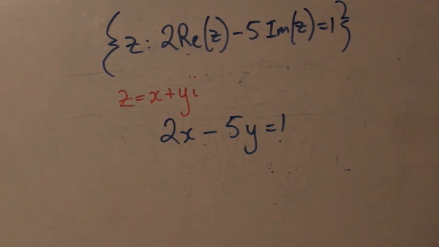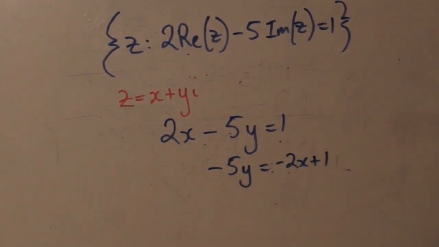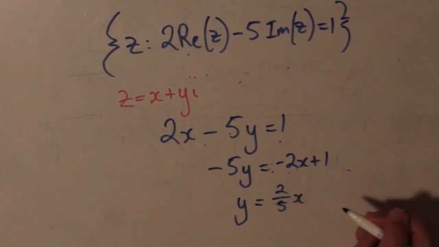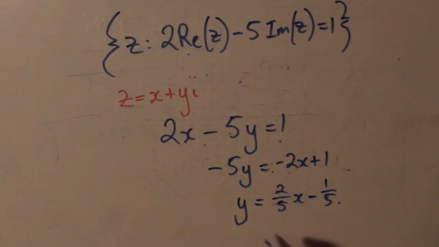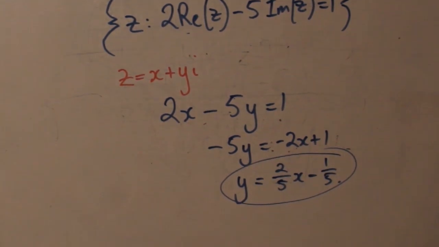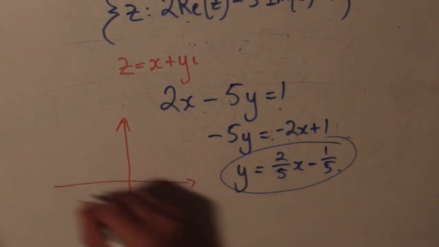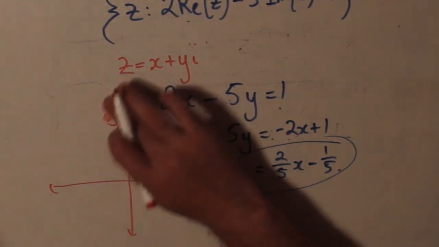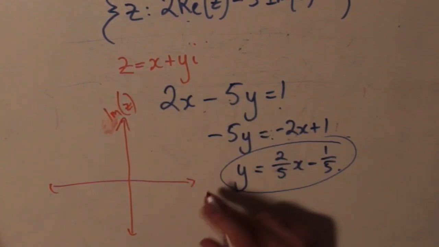Okay. We could rearrange this a little. 5y equals 2x minus 1, which means y equals 2/5 x minus 1/5. So all the Z are going to lie on the Cartesian equation of this. We could draw it as a Cartesian equation if we wanted to, but we're actually looking for these Z values on the complex plane, so let's just keep it to the complex plane.